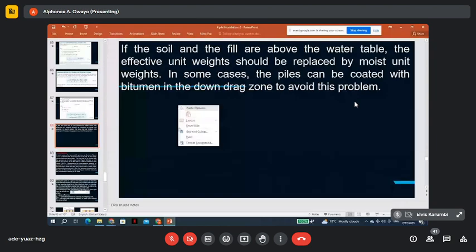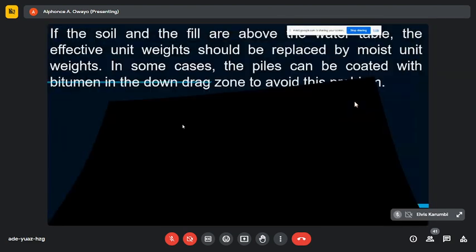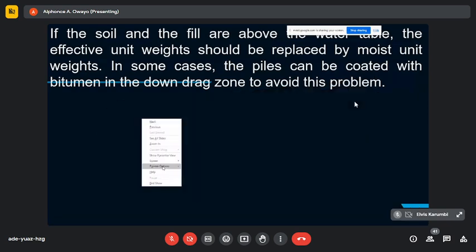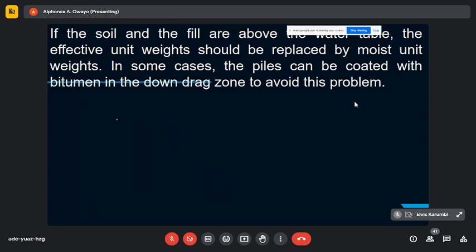So very simply, I won't say a lot here. The notes are there for you to read, but simply put, if you have several piles, several of them together.